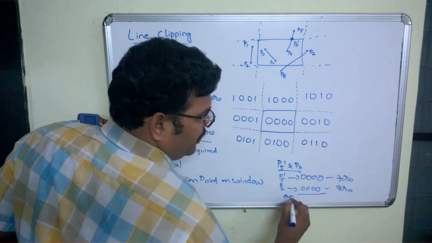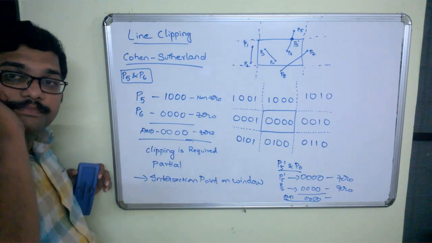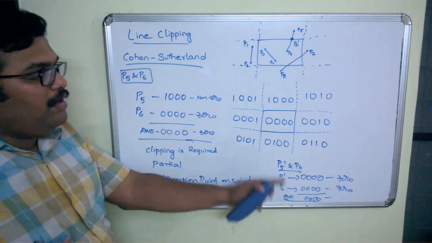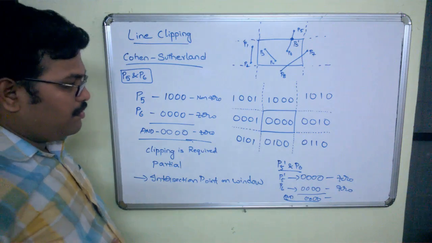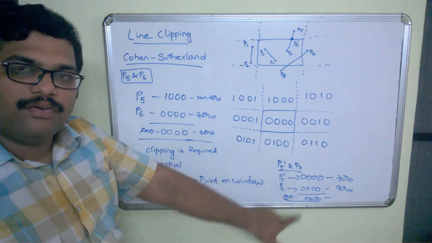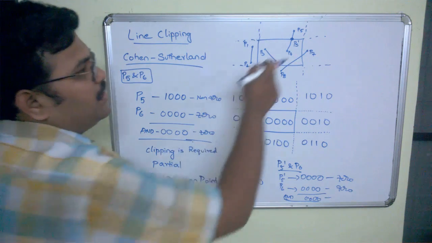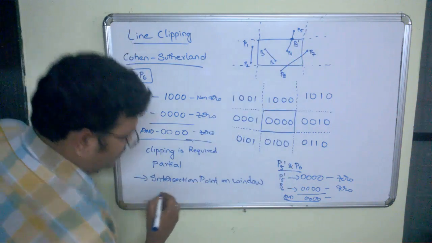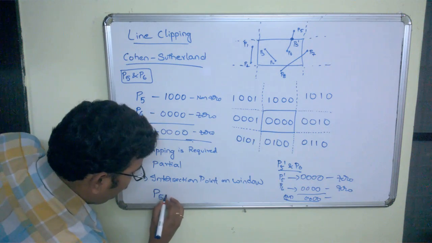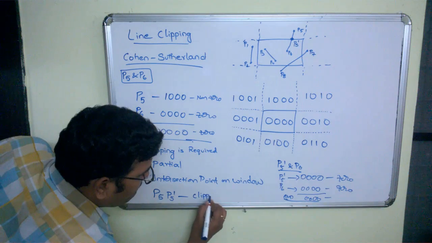Obviously the AND operation will be 0. That means the line lies inside the window, right? So P5 dash and P6 lie inside the window. And the portion to be clipped, that means P5 to P5 dash, is clipped.